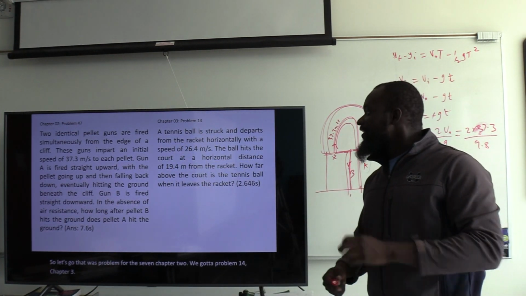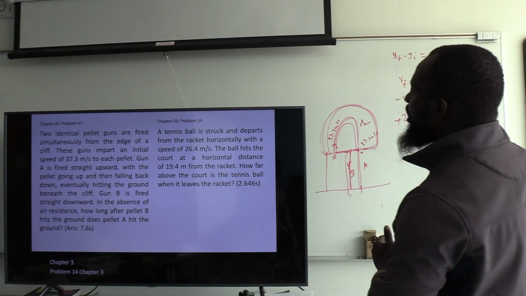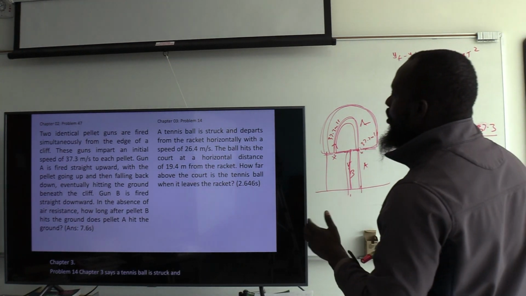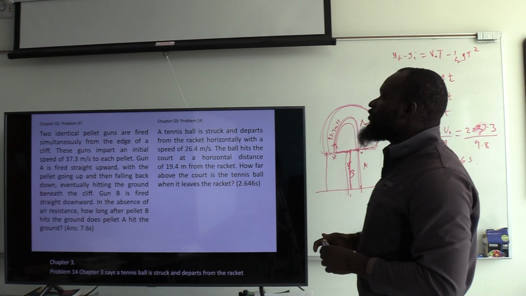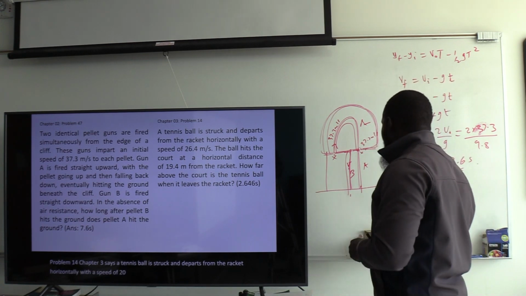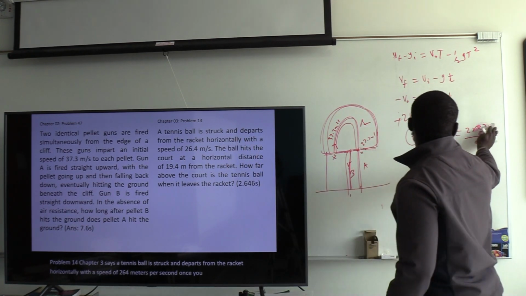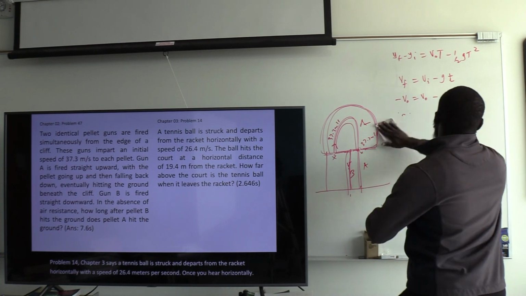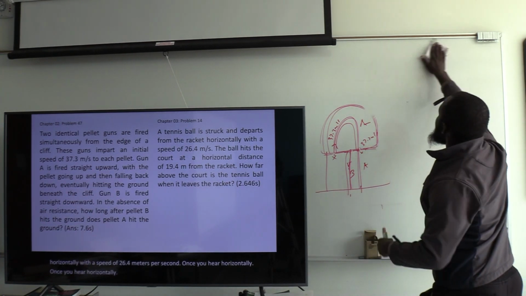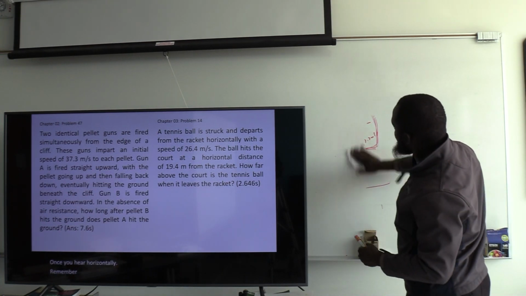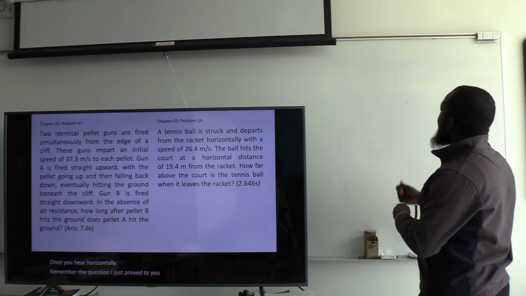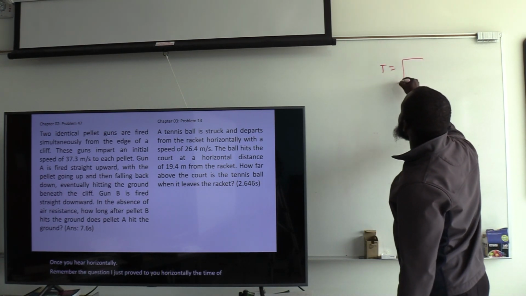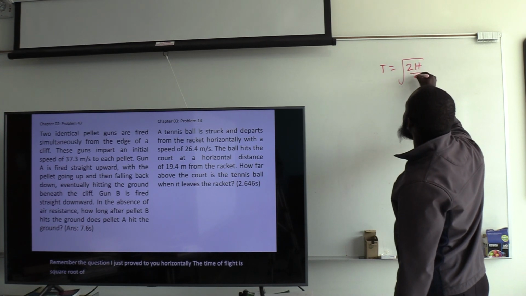Problem 14, chapter 3 says, a tennis ball is struck and departs from the racket horizontally with a speed of 26.4 meters per second. Once you hear horizontally, remember the equation I just proved to you: horizontally, the time of flight is square root of 2h over g.